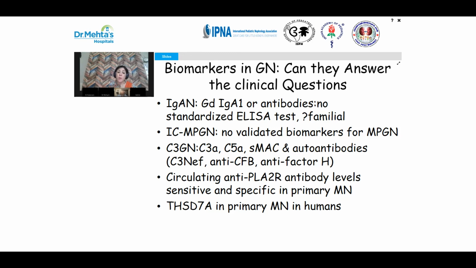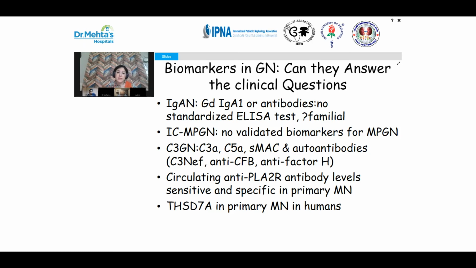Similarly, a very common GN in our practice is the immune complex membranoproliferative GN due to various reasons, and there is no validated biomarker in this subgroup. In C3GN, various biomarkers and autoantibodies by molecular testing as well as genetic testing have come up, and they are now being defined and refined for therapeutic purpose also.